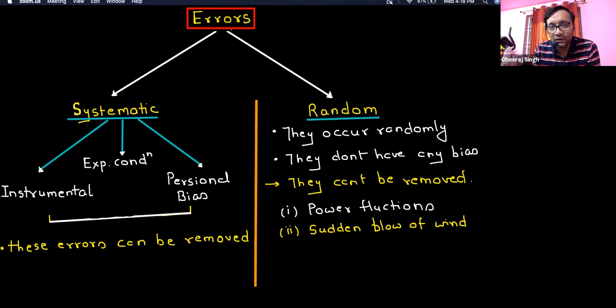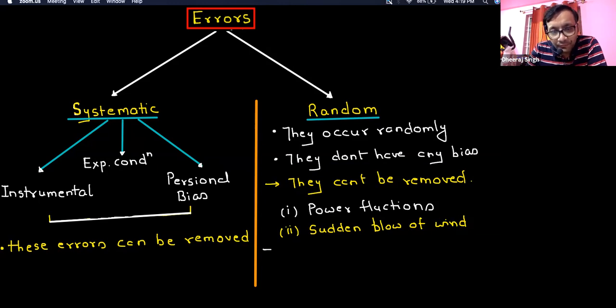That is what, you are so desperate that fan must be there. Okay, so that fan will create a random error. Okay, and the most common example, changing in reading because of changing temperature. Yes, that also you can say. The changes in temperature can be random also.